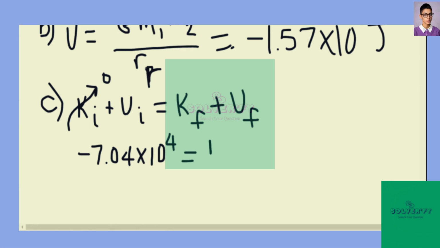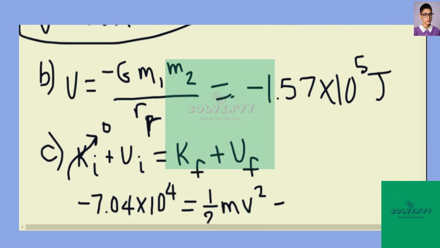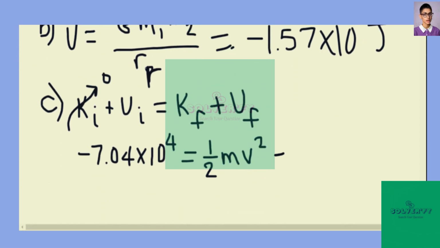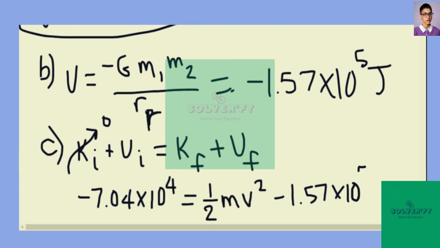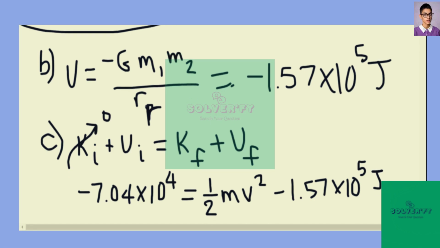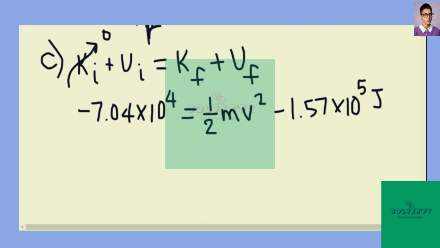Kinetic energy final is 1/2 m v squared plus potential energy final, which is negative 1.57 times 10 to the fifth power joules.